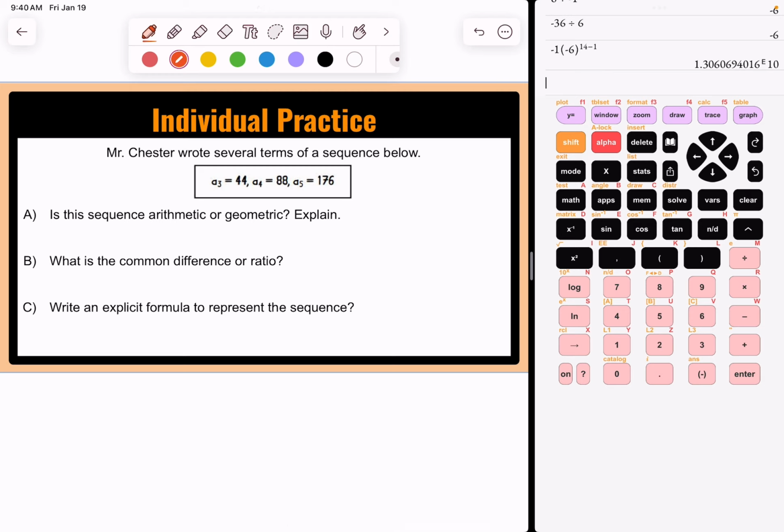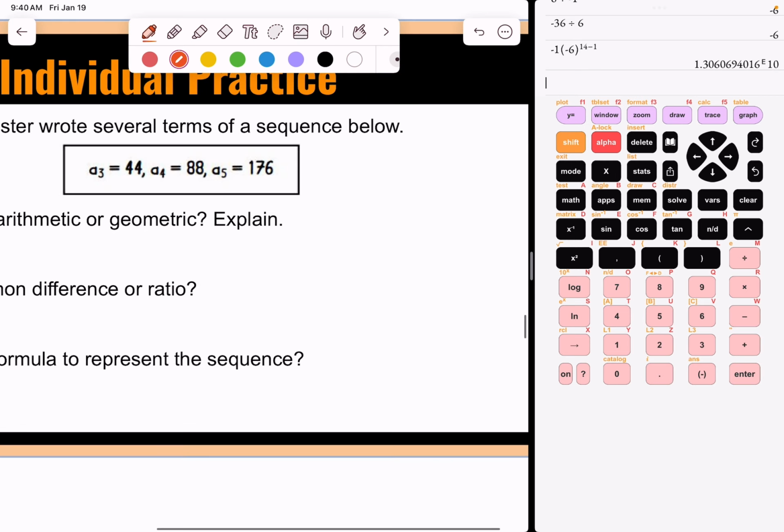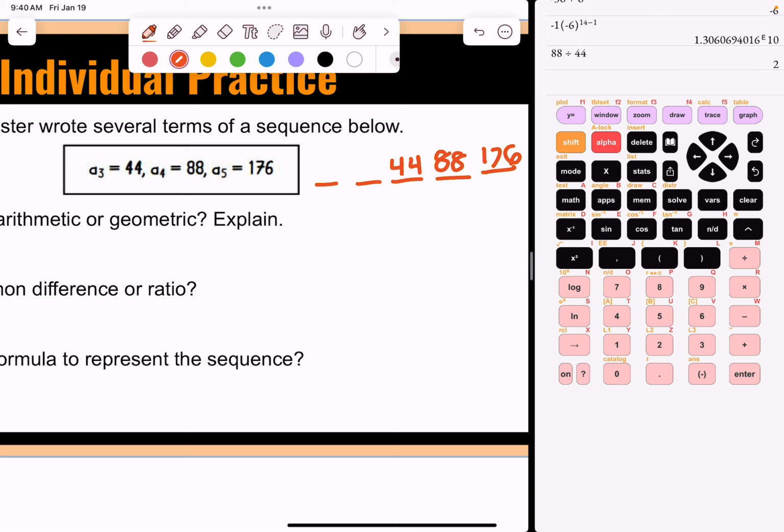Mr. Chester wrote several terms on the board. He wrote that the third term is 44. The fourth one is 88, and the fifth one is 176. Is this arithmetic or geometric? Well, let's see. The fourth term, which is 88, divided by the third one, 44, and 176 divided by 88, that does get us 2.